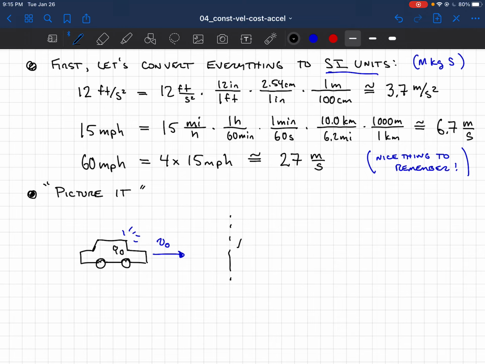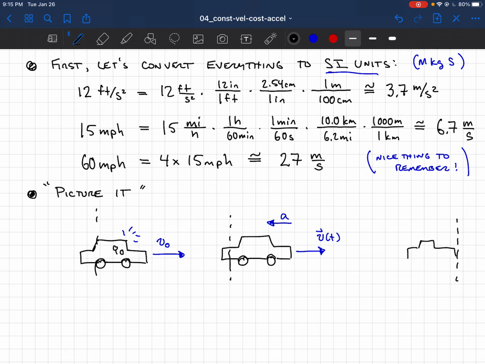And only once the driver gets to this position, some 0.7 seconds later, does the situation change, where the driver is still going forward, I guess with a smaller velocity, but now there's going to be an acceleration which is pointing backwards, because now they're going to start to slow down. And then at some later time and later distance, we're going to have the car come to a stop.